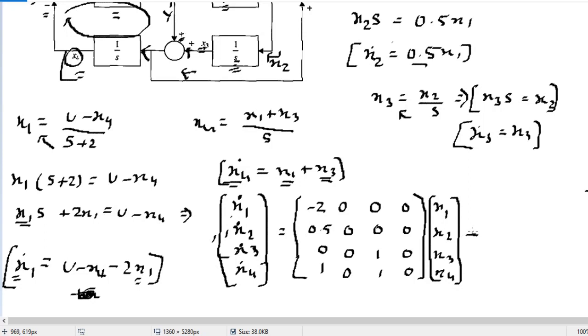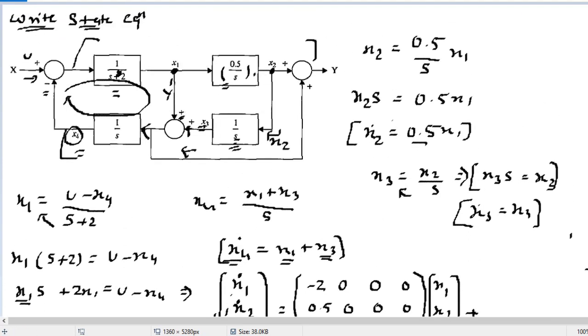Again we have to calculate y1, which is the output. What will be the value of y1? It's the combination of signals x1, x2 and x3, because x1 also comes to that point and passes through, and x3 also comes to this position.